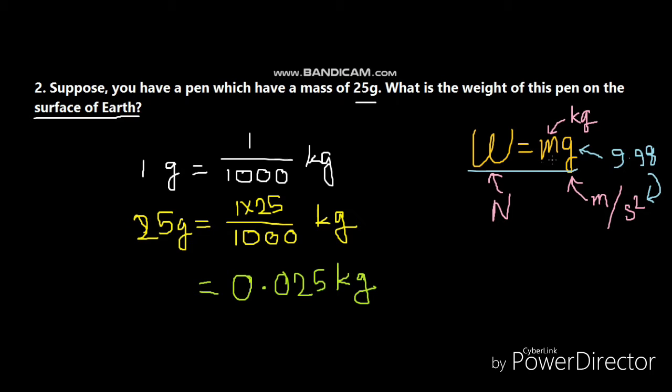So the m, which is the mass of this object, is 0.025 kilogram, and we also know the value of g, the gravitational acceleration, which is 9.8 meter per second squared. So we can easily find the W here, and that will be W, or weight, equals 0.025 times 9.8.